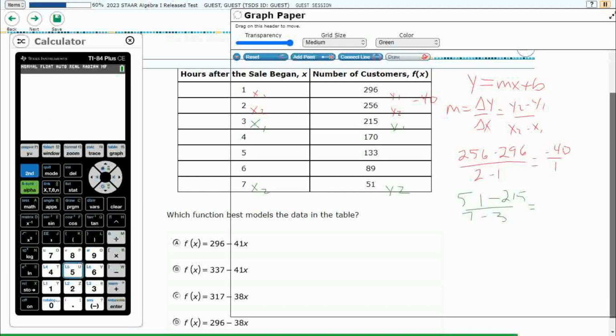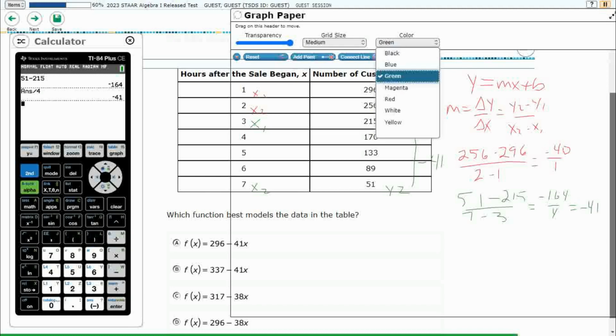Okay, so 51 minus 215 gives me negative 164 over 4, which looks like negative 41. So that's looking pretty consistent, negative 40, negative 41-ish.